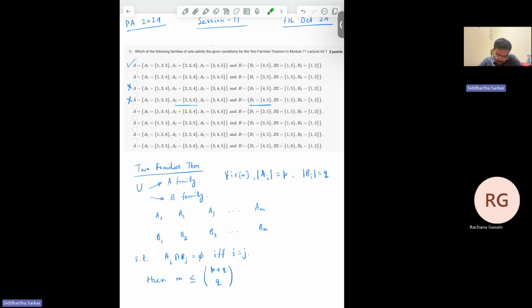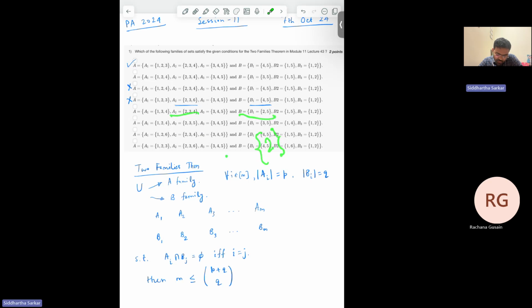Now let's look at A2 intersection B2. 2, 3, 4, and 1, 5. Nothing is common. So empty. That is satisfying the condition. Now let's look at A2 and B1. Is there anything common? A2 is 2, 3, 4 and B1 is 2, 5. So 2 is common.